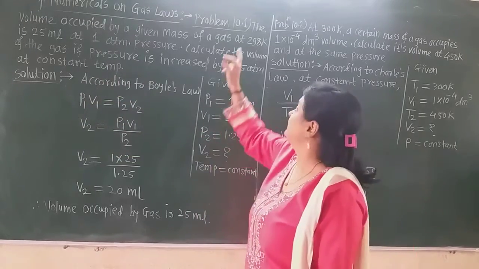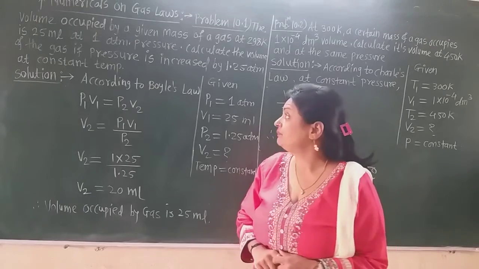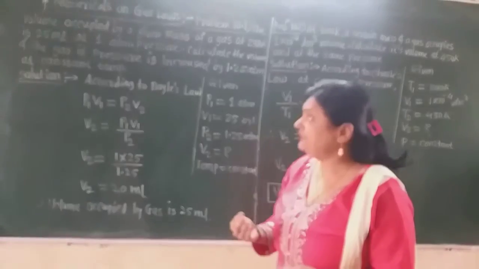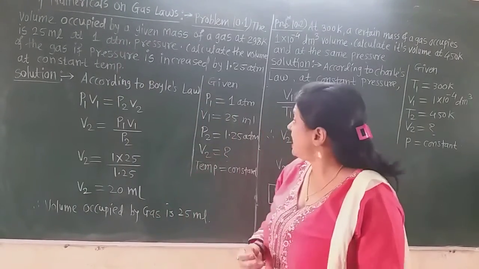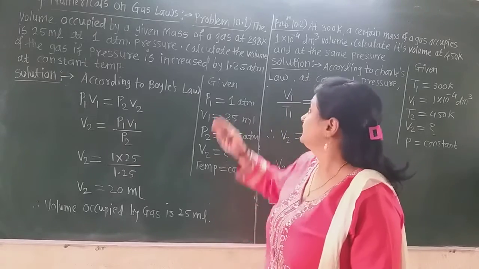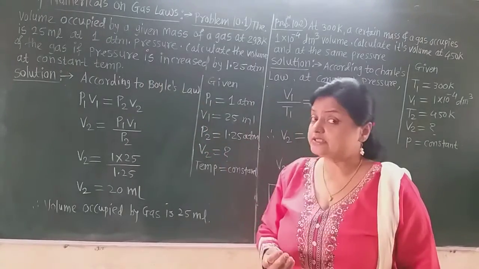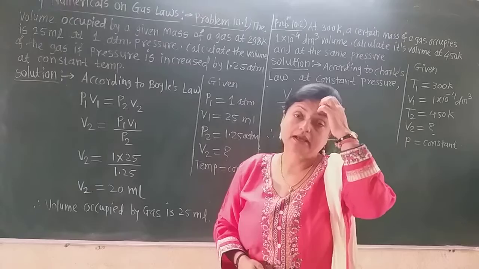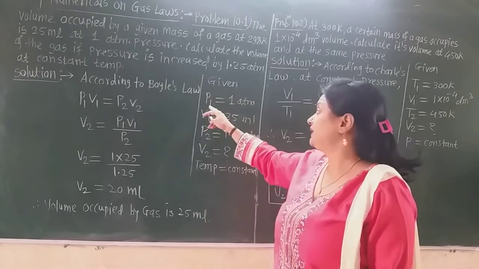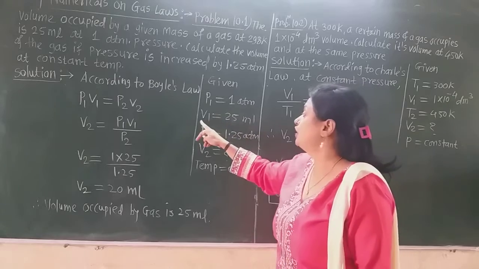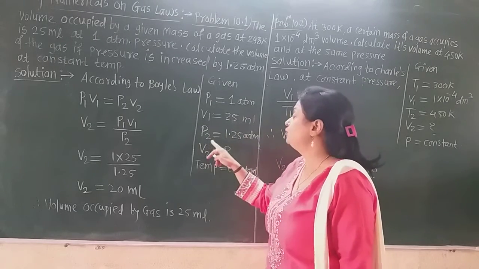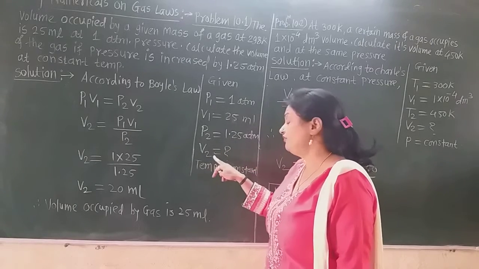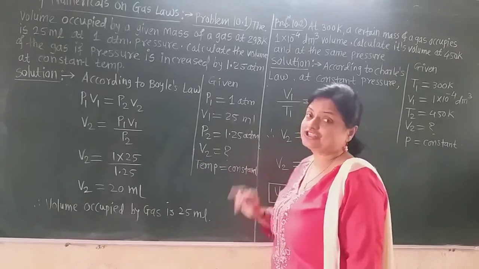That means temperature remains constant at 298 Kelvin, and they give us the initial volume, 25 ml at the initial pressure of 1 atmosphere, and they ask us to calculate the final volume, with the final pressure also given. So we have P1 as 1 atmosphere, V1 as 25 ml, P2 as 1.25 atm, and we need the final volume V2, with temperature constant.